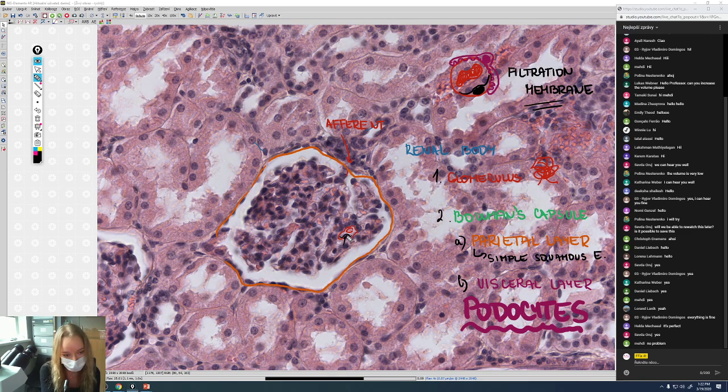This is probably the nucleus of the endothelial cell. I guess it's the endothelial cell.